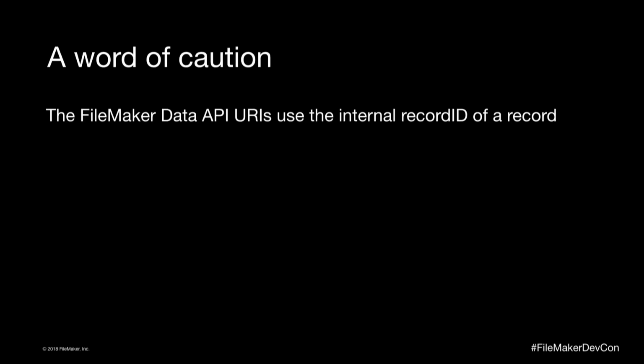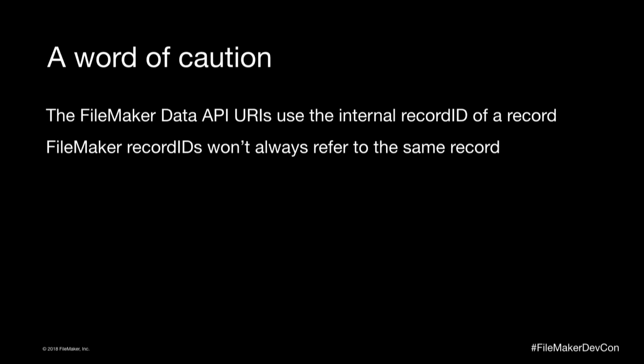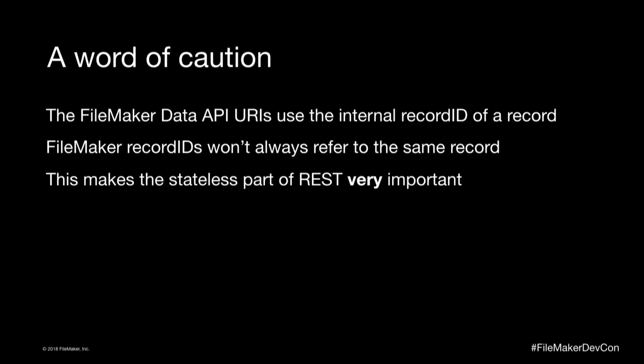A word of caution. I said that the record IDs that I used are the internal record IDs in FileMaker. Now, as many of you probably know, those record IDs are automatically created when a record is created in FileMaker. Unfortunately, they aren't permanent, and they aren't always guaranteed to be the same.